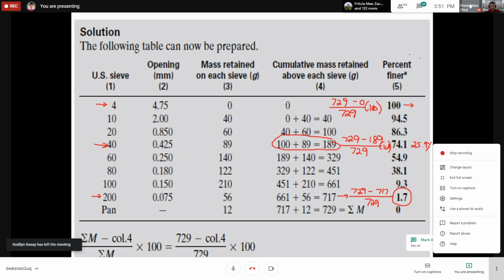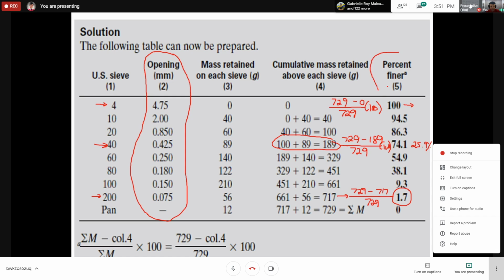So after you have determined the percent finer, so you're going to use the second column, the opening size, diba? And the kaninyong percent finer, diba? So opening size will be the x-axis, diba? And then your percent finer will be the y-axis. So again, this one is in logarithmic form, log scale.